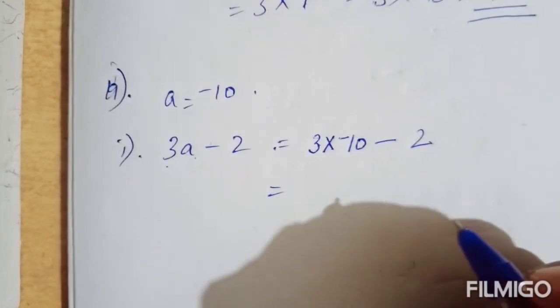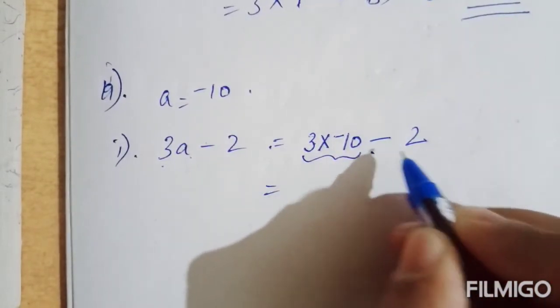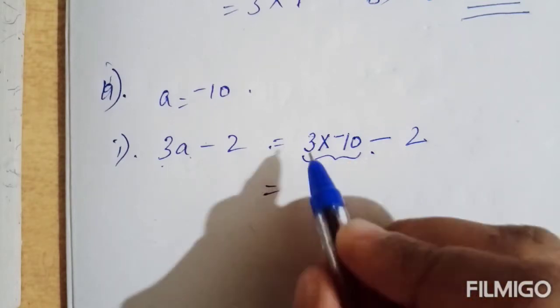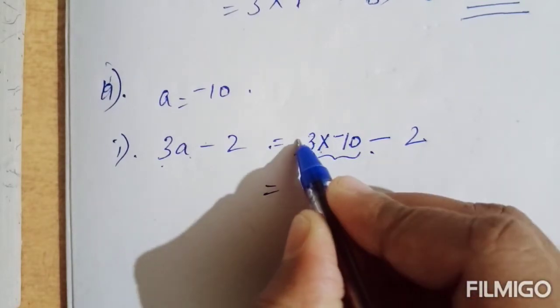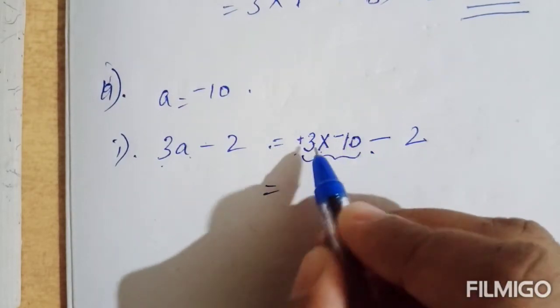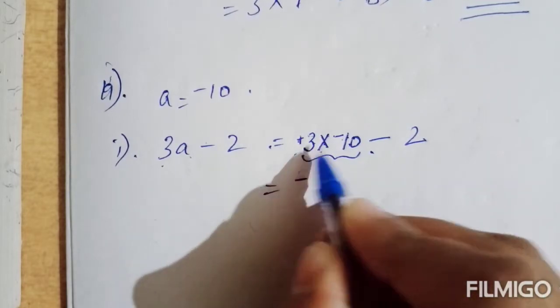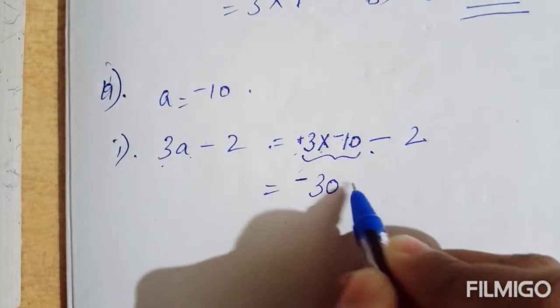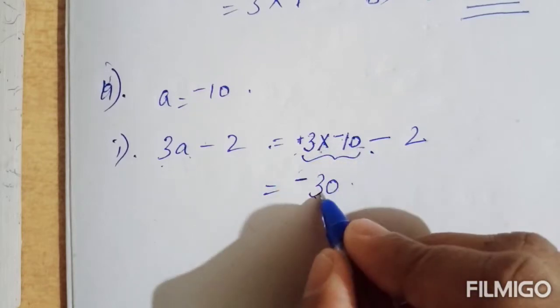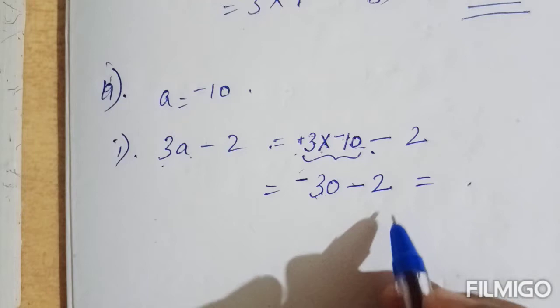And we know about BODMAS. First we have to do multiplication, then only we can do subtraction. 3 into minus 10, positive into negative, is negative. 3 into 10 is 30, so minus 30. Then minus 30 minus 2, we have to subtract.